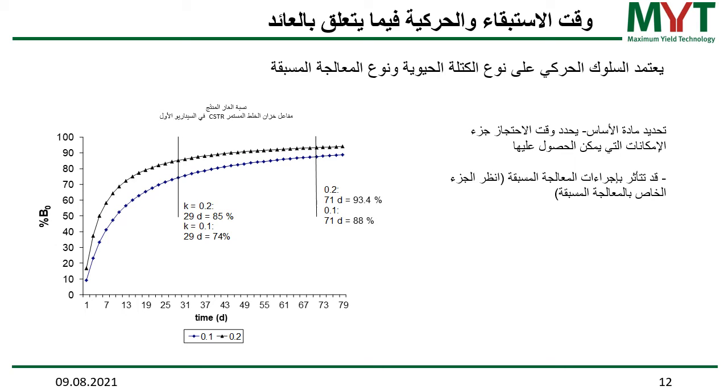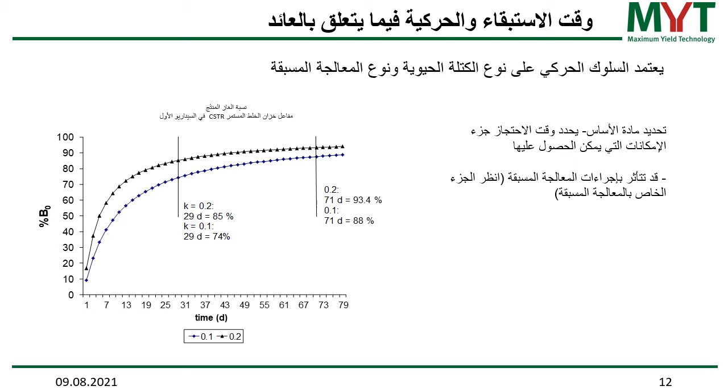You have seen the equations of this first order kinetics on other slides here already. Here again it is given, so if you would like to calculate that, you can easily do this with this equation here. And I have depicted here simply two different curves. One is a k value of 0.2 and the other one is a k value of 0.1, just to show you the difference between these two potential substrates, for instance.